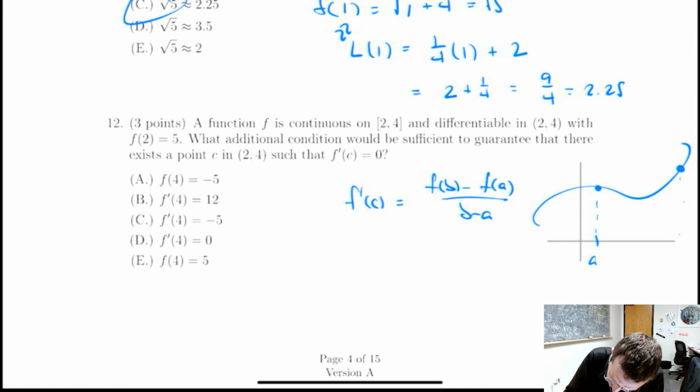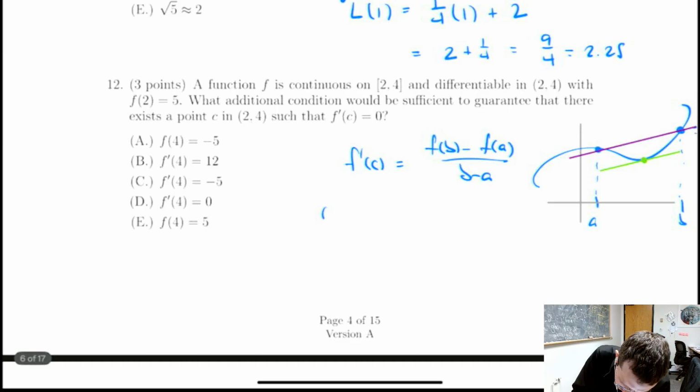The average rate of change is the slope of this secant line. And the mean value theorem says that there does have to be at least one point where the tangent line has exactly that same slope.